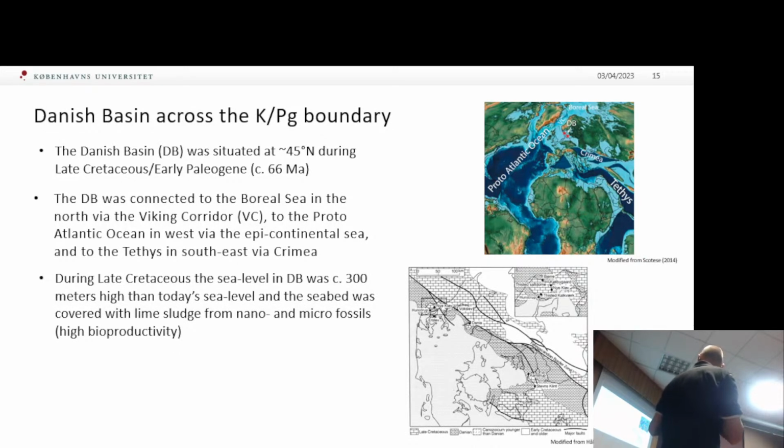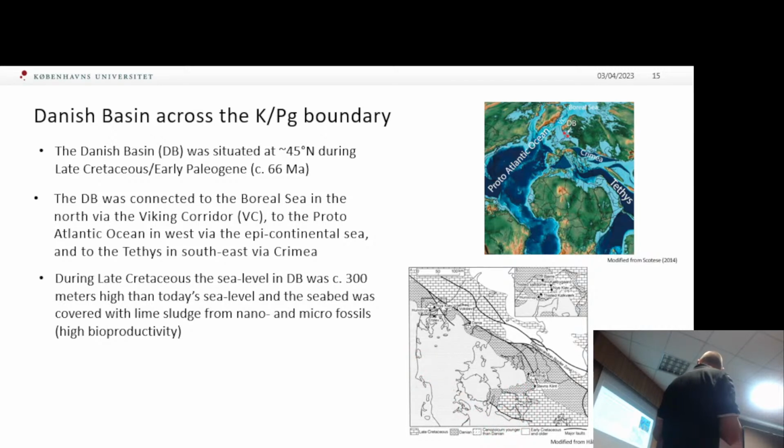During the late Cretaceous, the sea level in the Danish basin was approximately 300 meters higher than today, and the seabed was mainly covered by nano and microfossils, calcareous fossils, and that indicates really high bioproductivity. The 3 sections are from here and from Stevens Cliff.